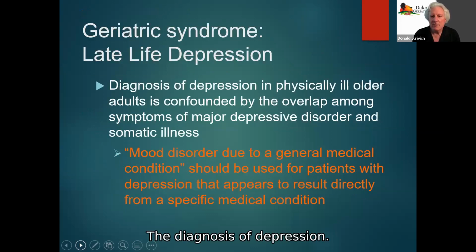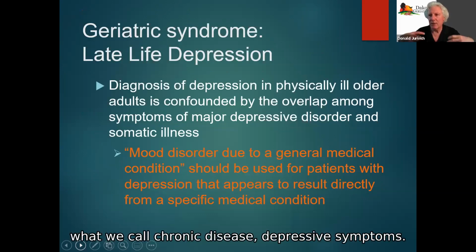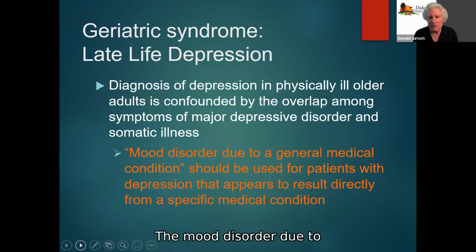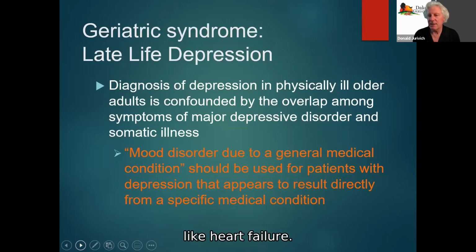So the diagnosis of depression in chronically physically ill older adults is complicated because you have an overlap with what we call chronic disease depressive symptoms. The diagnosis of mood disorder due to a general medical condition should be used for patients whose depression appears to be a result of a specific medical condition like heart failure.